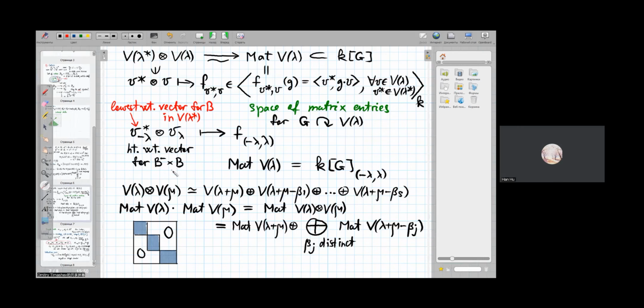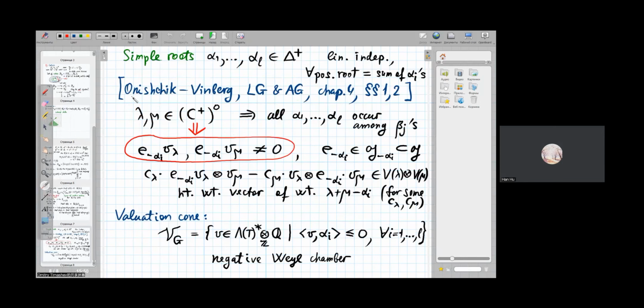So lambda star is obtained from minus lambda by applying the longest element in the Weyl group. Again, you can consult this book for all things of this kind. It is written there in detail.